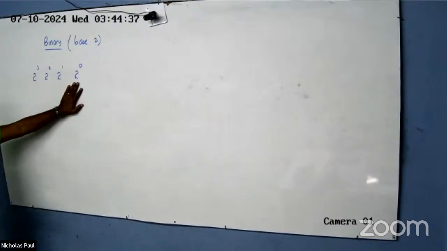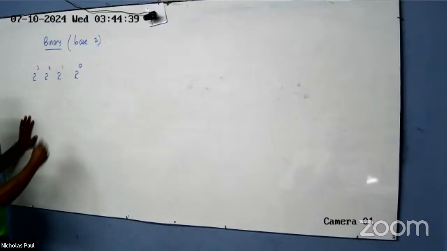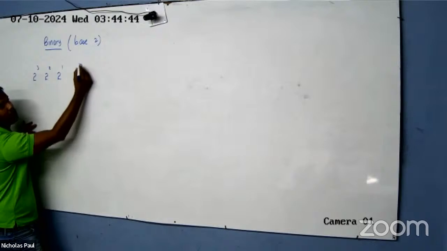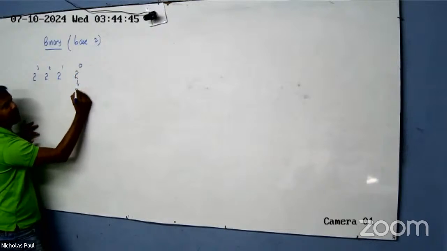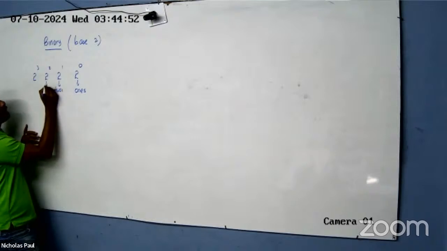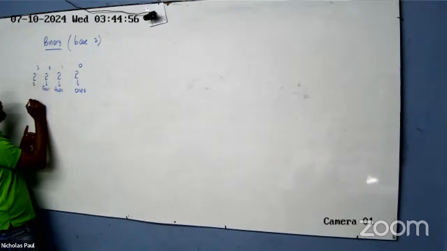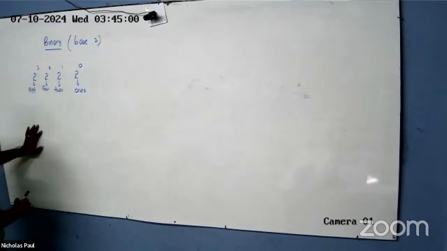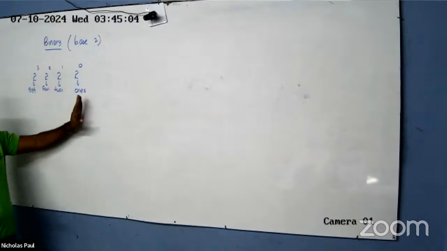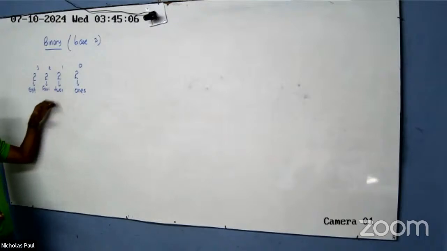Your first value represents 2 to the power 0, which is 1s. 2 to the 1 is what? 2 to the 2 is? 2 to the 3 is? Based on where the value is, you will know in decimal there's a 1, a 2, a 4, an 8.